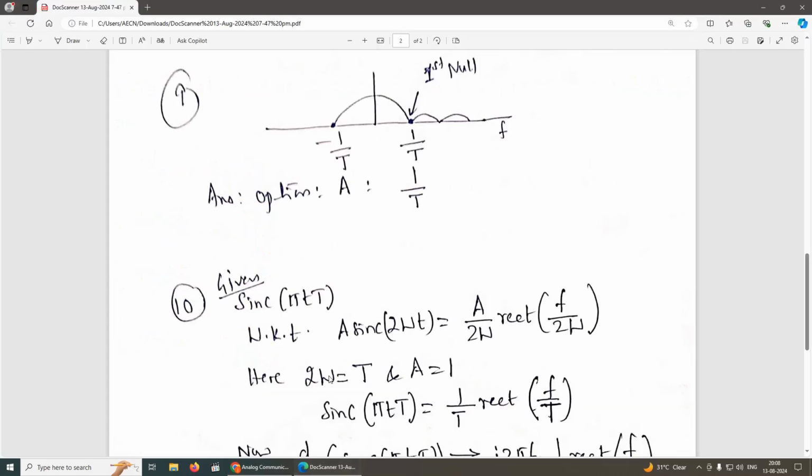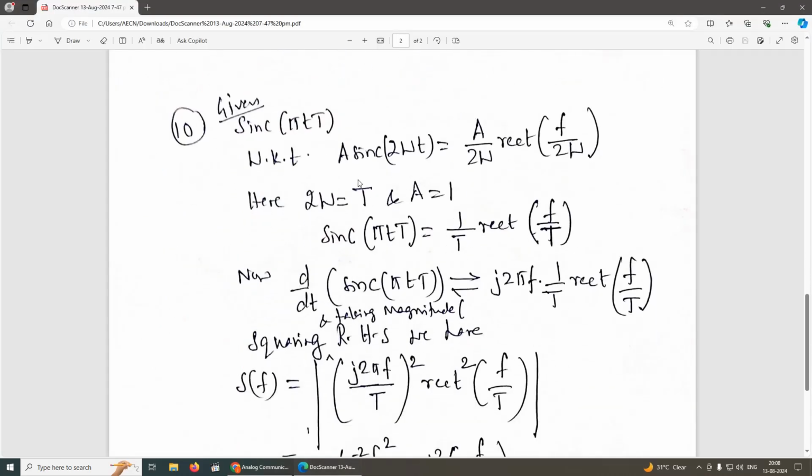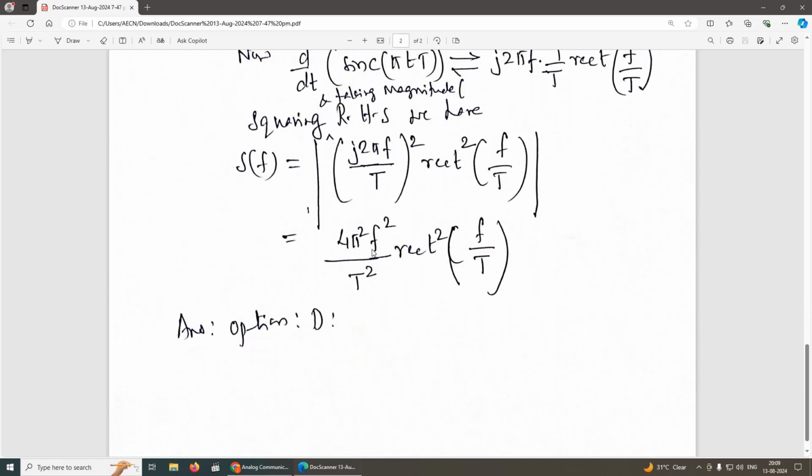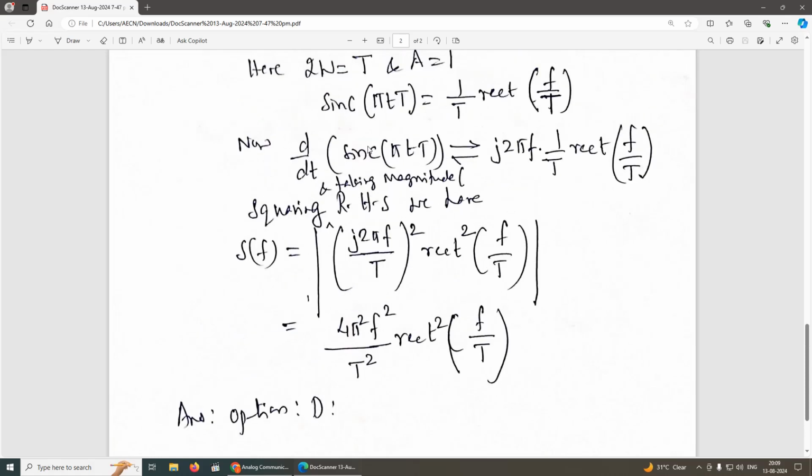So we know the relationship between the sinc function and the rectangular function: A sinc(2Wt) equals A by 2W rectangular function (f by 2W). If I substitute 2W equal to T and A equal to 1, and of course differentiation in the time domain becomes multiplication of the spectrum by the factor j 2 pi f.